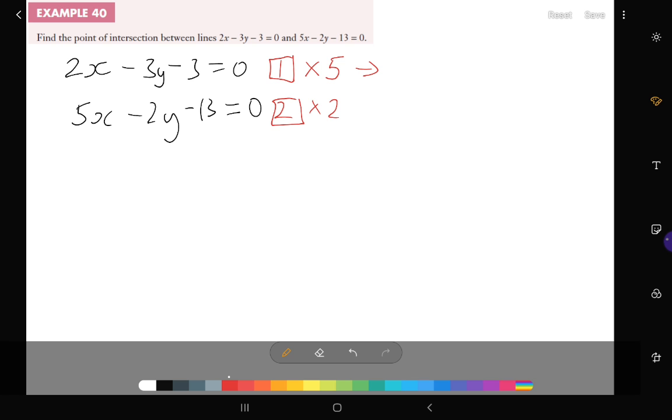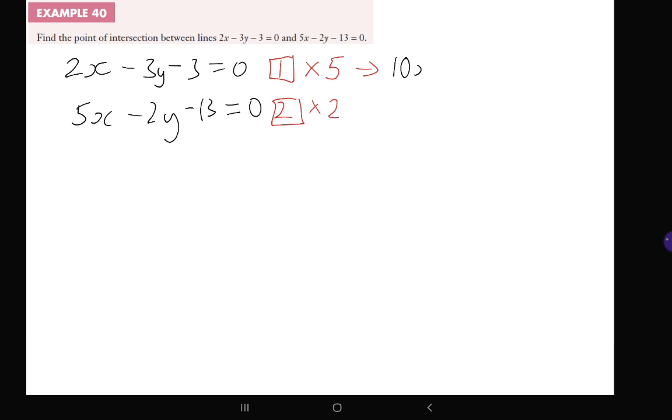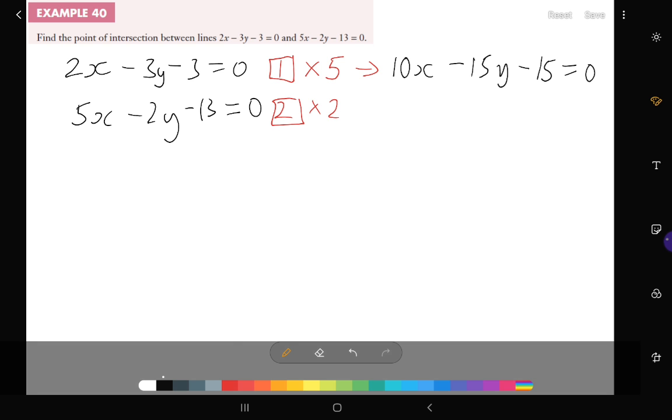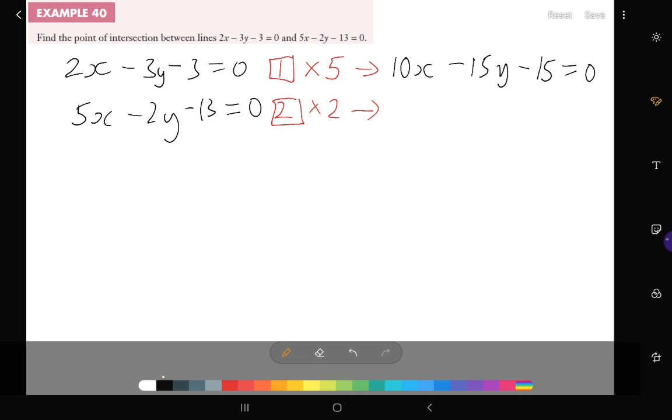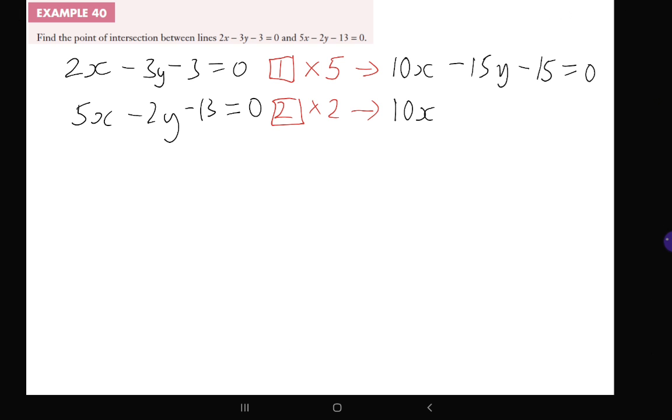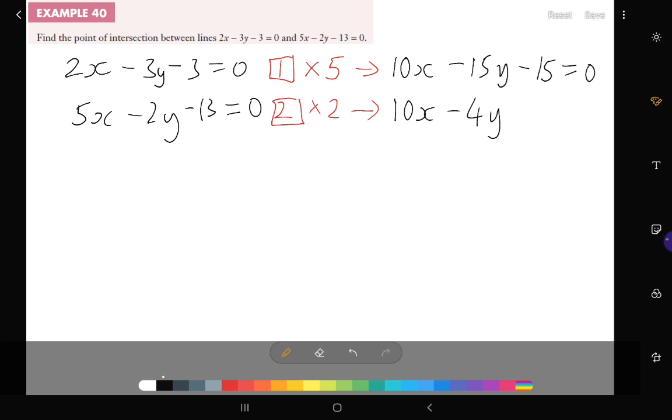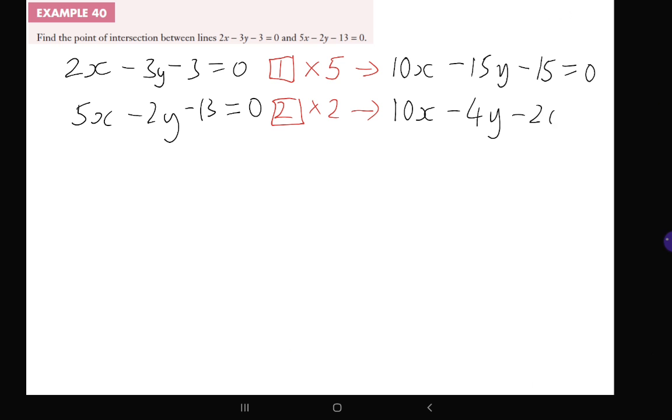So multiplying equation 1 by 5, you end up with 10x minus 15y minus 15 equals 0. Multiplying equation 2 by 2, you're going to get 10x minus 4y minus 26 equals 0.